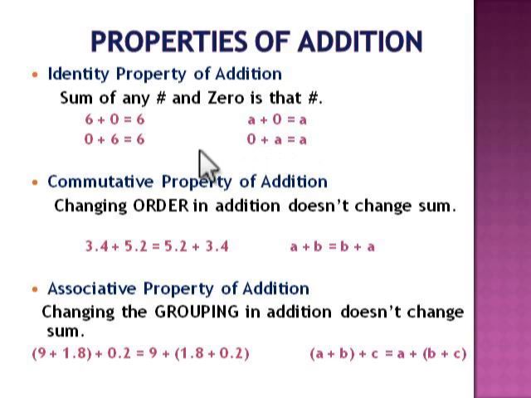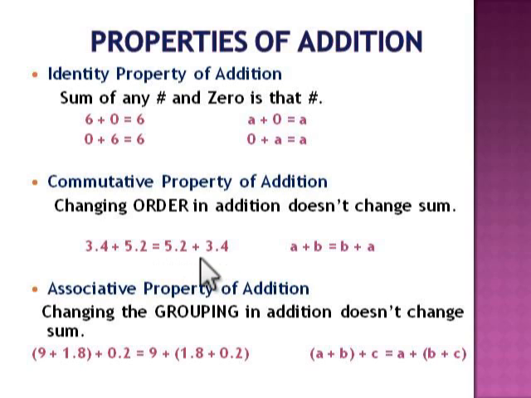Our second property is the commutative property of addition. What that property says is that you can change the order of the addends, but your sum will never change. So it doesn't matter which one comes first. 3.4 plus 5.2 will be the same or equivalent to 5.2 plus 3.4.